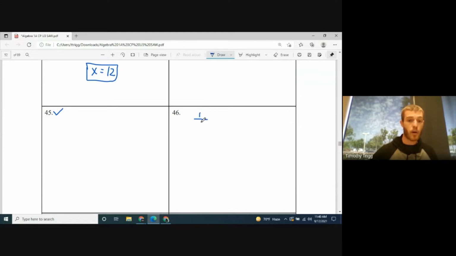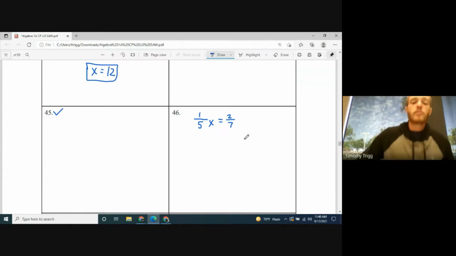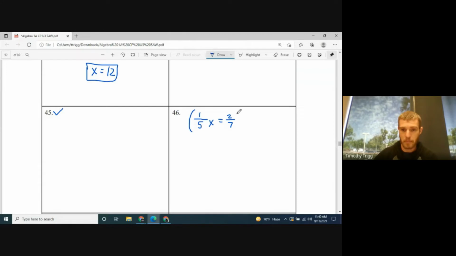Here we have 1/5 x equals 2/7. In this one's case, we've got two different fractions. So what should I multiply everything by? Well, when you have multiple fractions and you want to cancel all of them out, you simply want to multiply by the lowest common denominator.